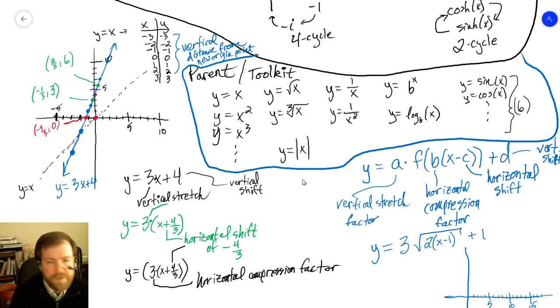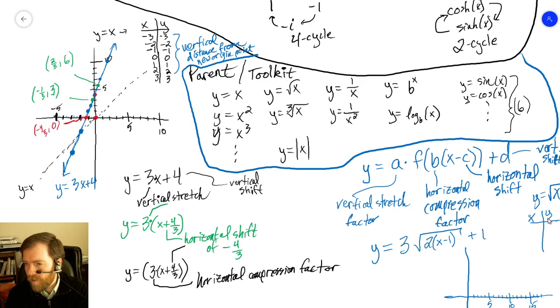The important points, the parent function points for y equals the square root of x, are going to be the perfect squares in for x, and then the square roots: so 0, 0, 1, 1, 4, 2, 9, 3, 16, 4. All right, and here's where I differ from the rest of it.